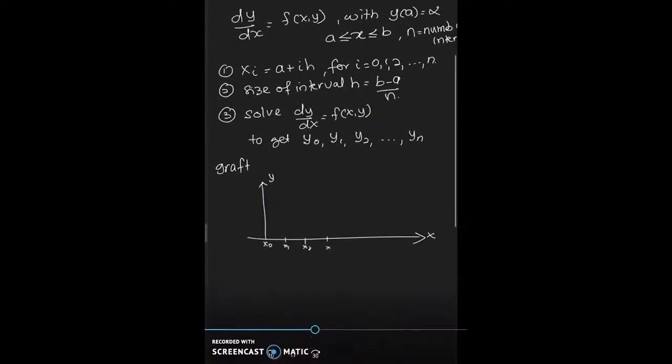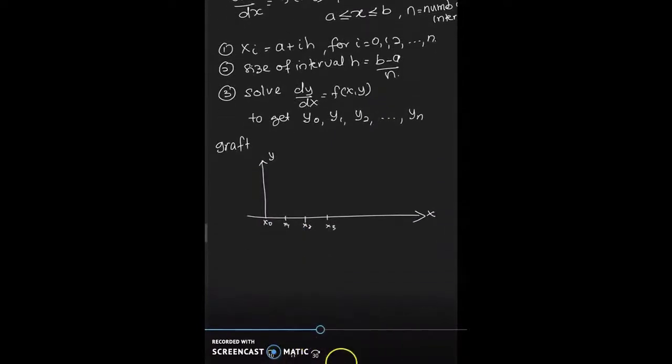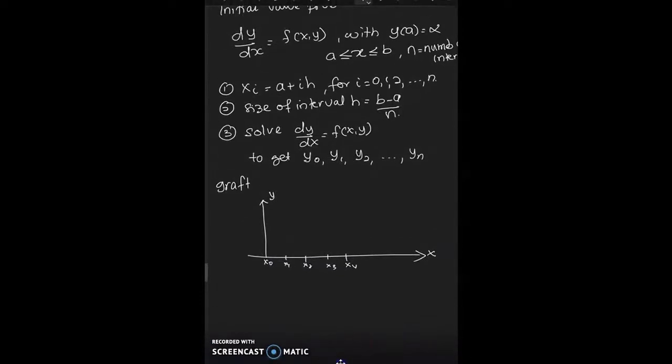We want to find y, not dy over dx. x is given in the question, from x naught up to x n. y naught is given in the question, equal to alpha. And then we want to generate the graph for y1, y2, y3, y4, and y n.